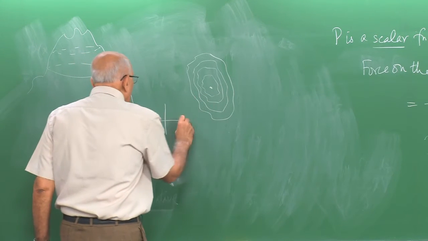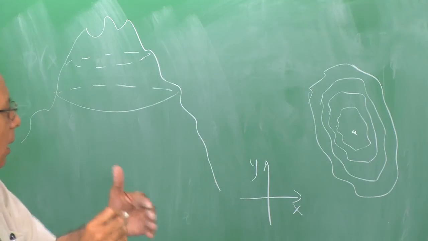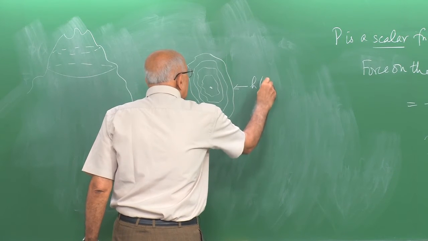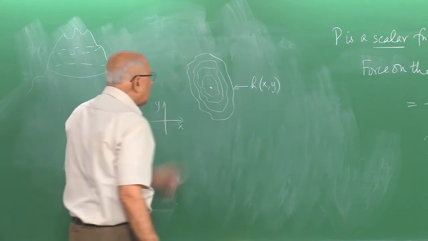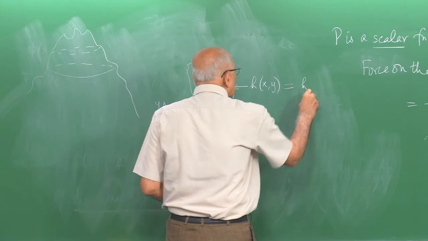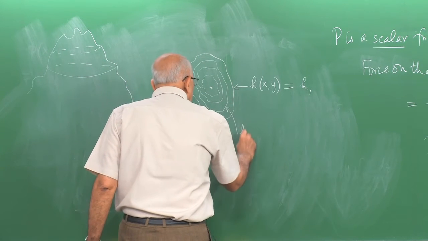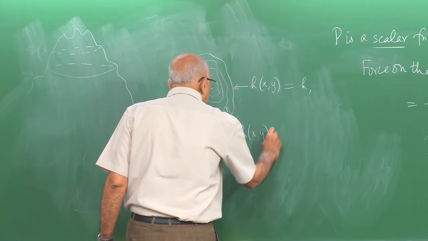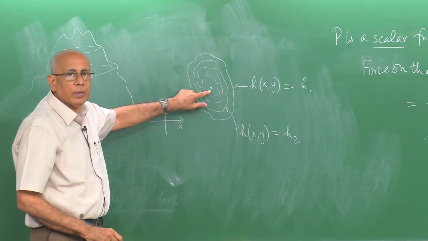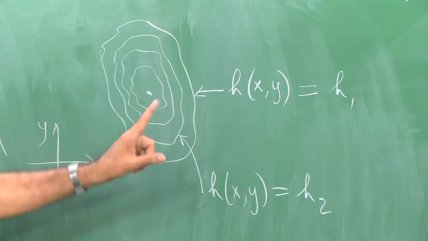So we are now in the xy plane and z, the height, is coming out, and this is an equal contour map which says the height at a point x comma y along this curve is some constant equal to h1, some height h1. On this contour the height as a function of x comma y is h2, some other height, and so on till you hit the peak here at this point. Then you can ask, what does the gradient of this h look like?